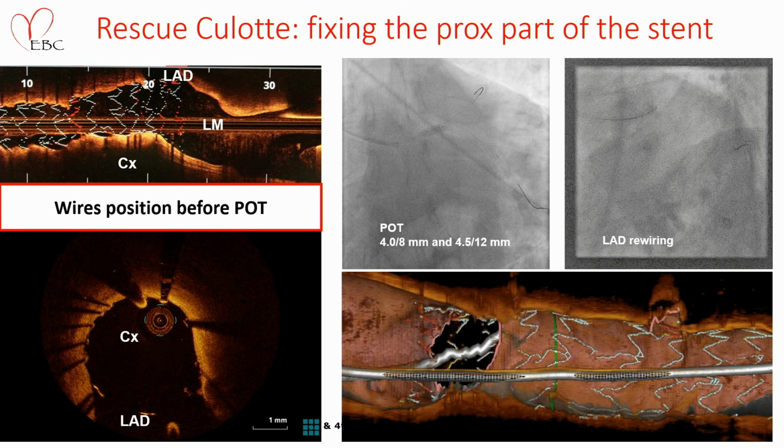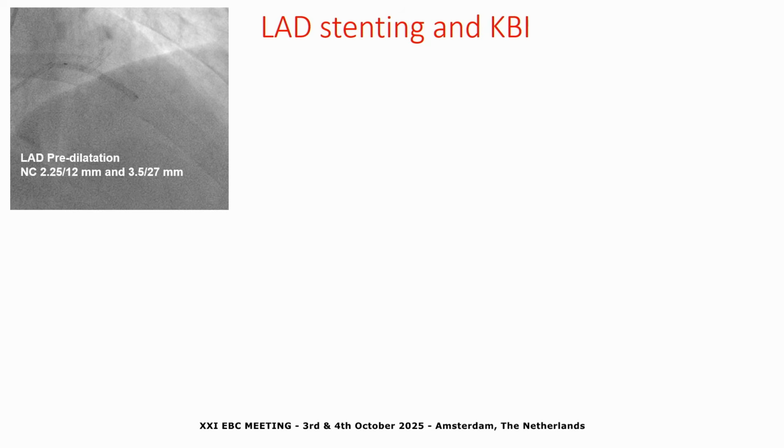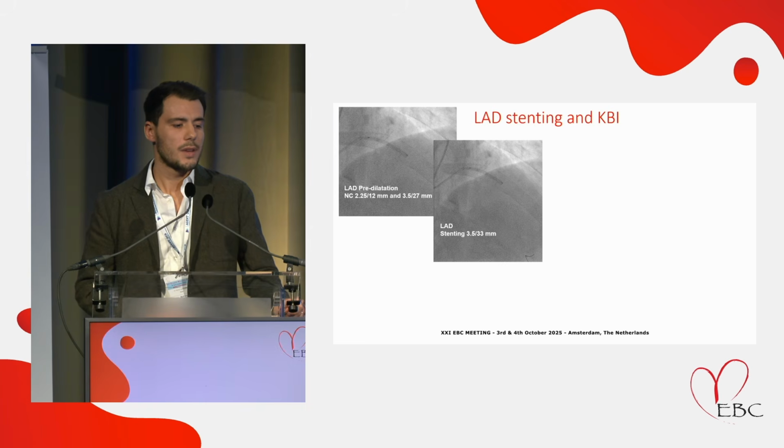Once having checked this position, we proceeded with the pre-dilation of the LAD, covering also the mid-LAD segment that had to be fixed, with a 2.25 up to 3.5 balloon, and then we stented from the left main to mid-LAD with a 3.5 by 33 millimeter stent.